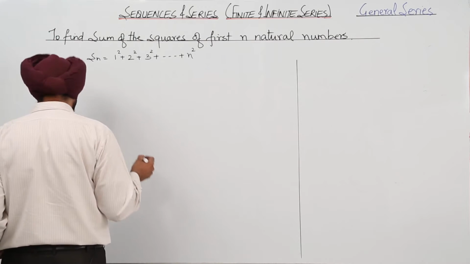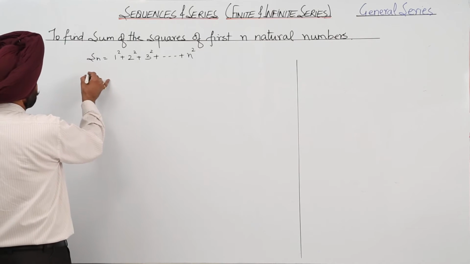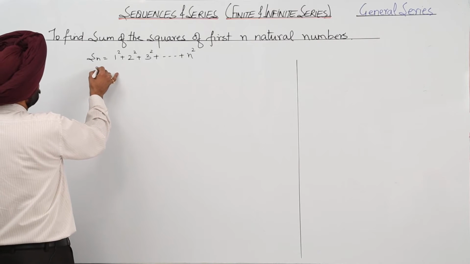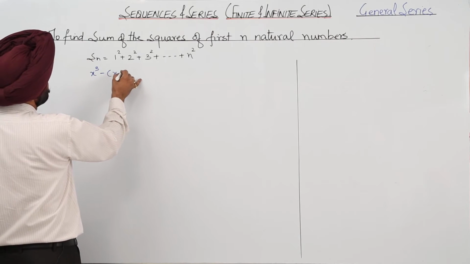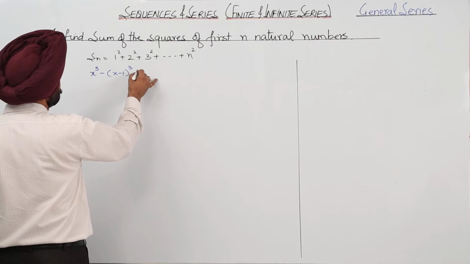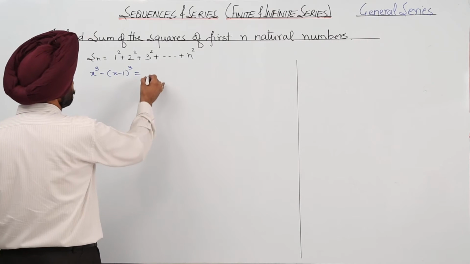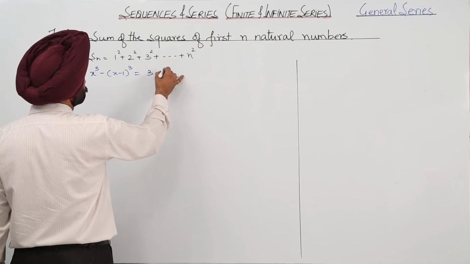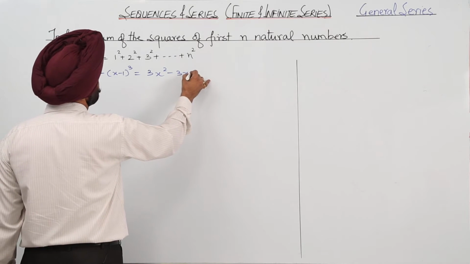I am taking the identity x cube minus (x minus 1) whole cube. If we solve this, we get 3x square minus 3x plus 1.